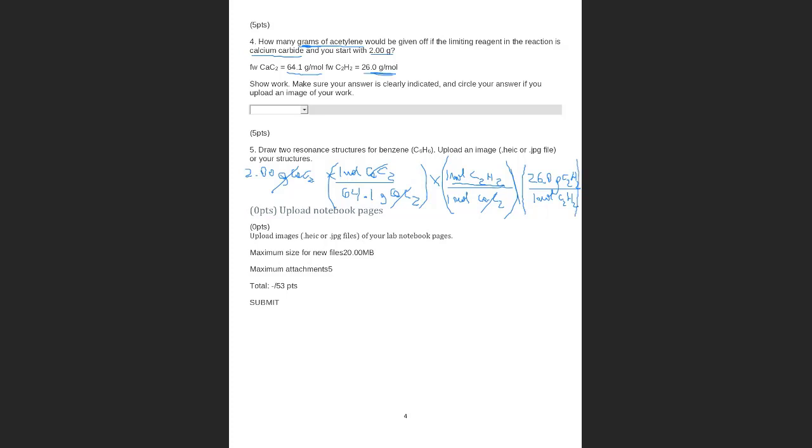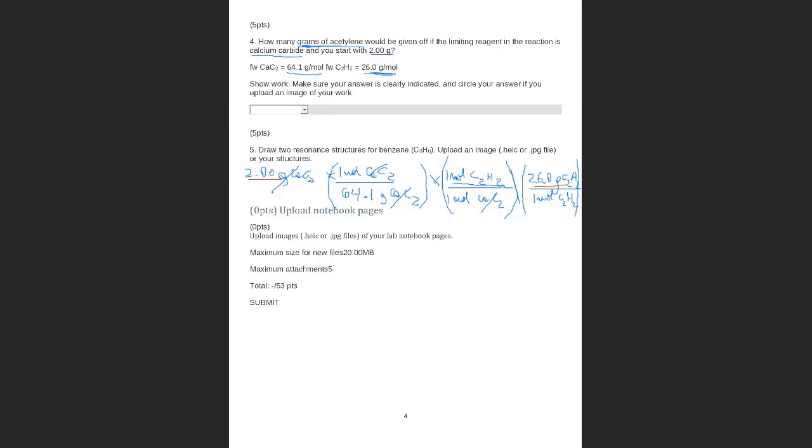When I do all those calculations, I end up with an answer. You can multiply everything in the numerator, and then divide by all the numbers in the denominator.